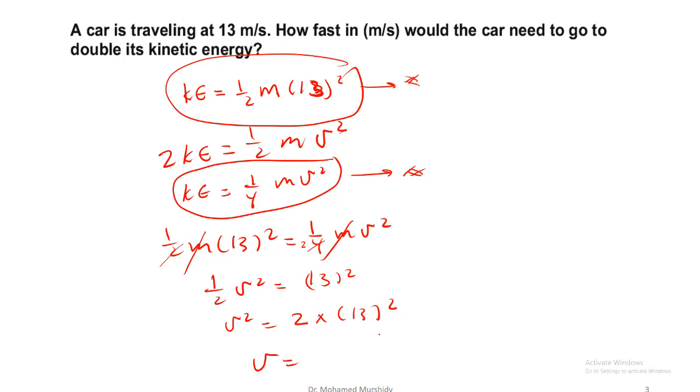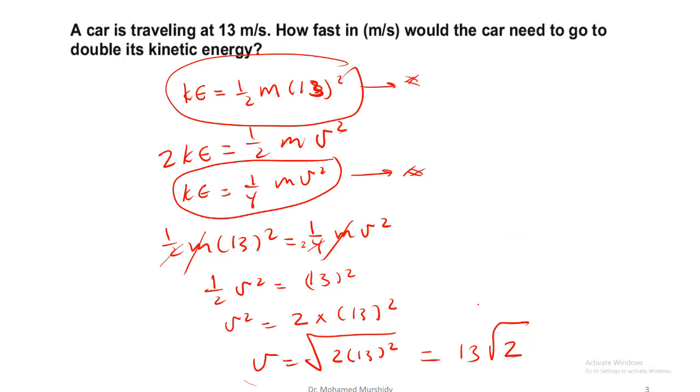The root of 2 times 13 squared equals the root of 13 squared, which is 13, coming out, and the 2 will stay inside. So the value of v that will make the kinetic energy doubled is 13 root 2. Of course we can solve it out.